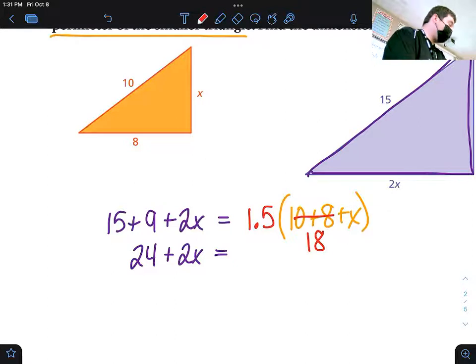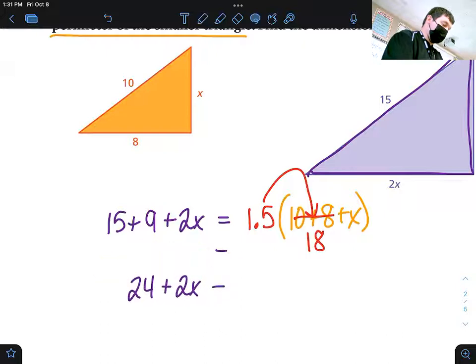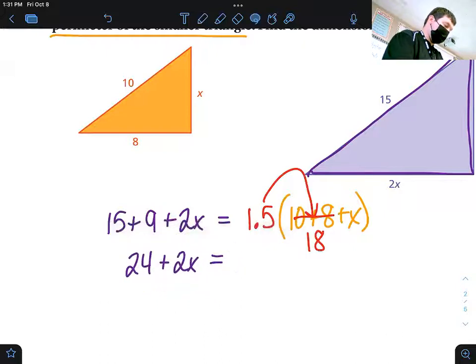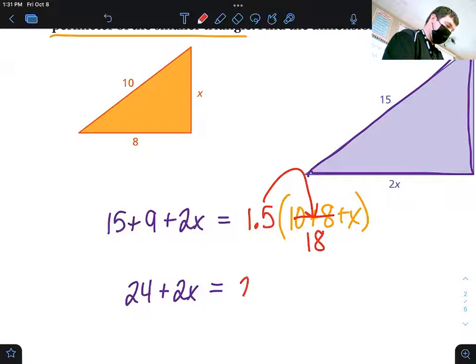Owen, what's 1.5 times 18? While you're doing that, I'll do the hard part and do 1.5 times x. Okay, so 27 plus 1.5x. Now it's simplified.